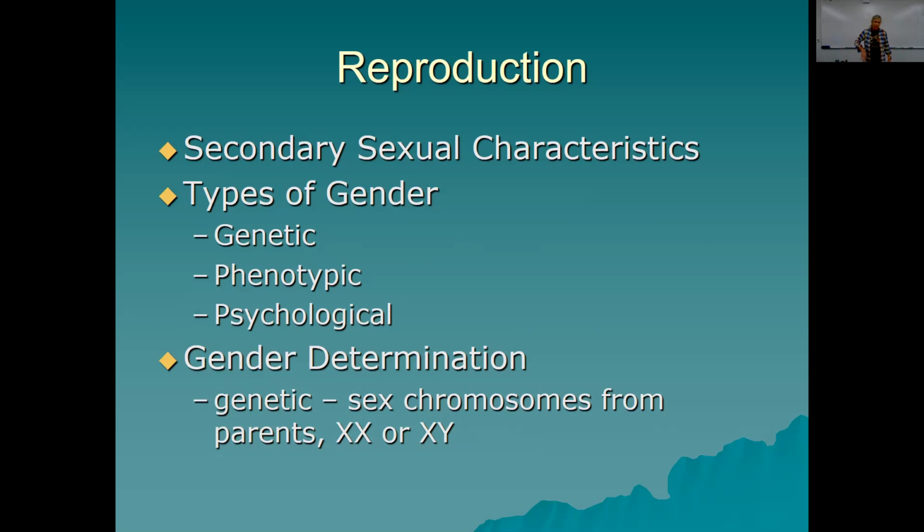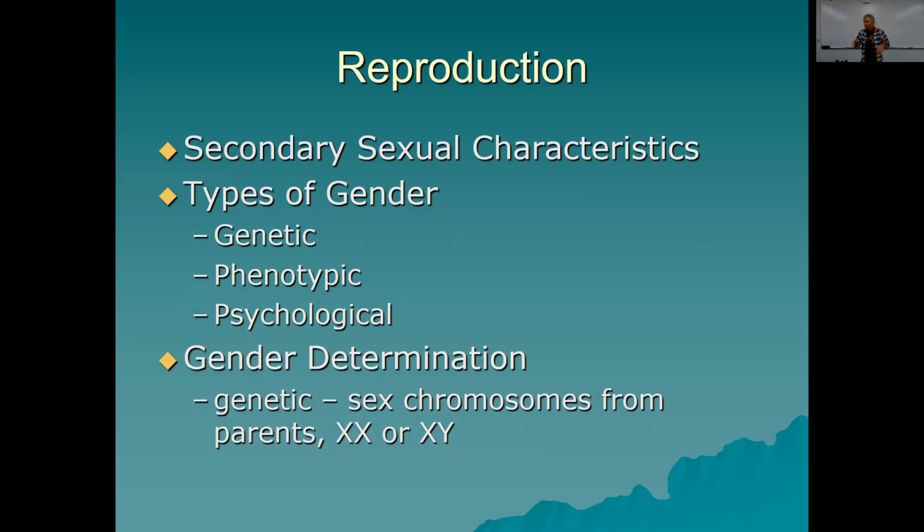Back to gender now. I have on this slide types of gender. I don't mean like male and female. Those are genders. The types of gender are really three: genetic gender. That is, do you have two X chromosomes, or do you have an X and a Y?